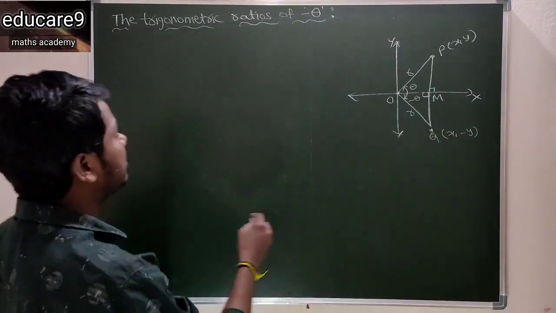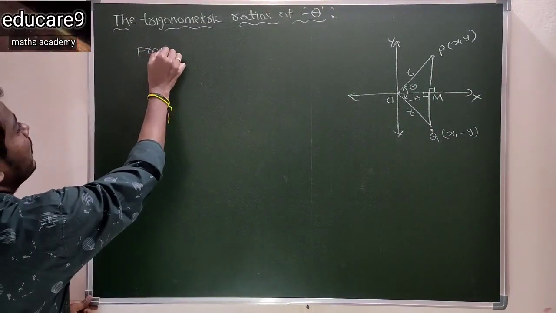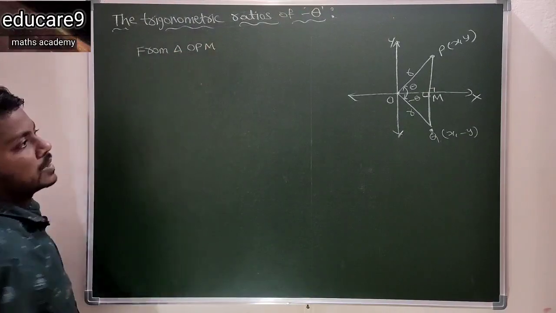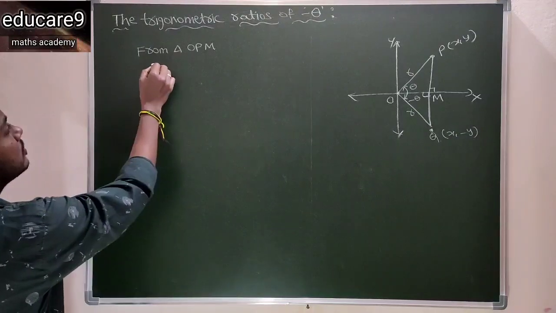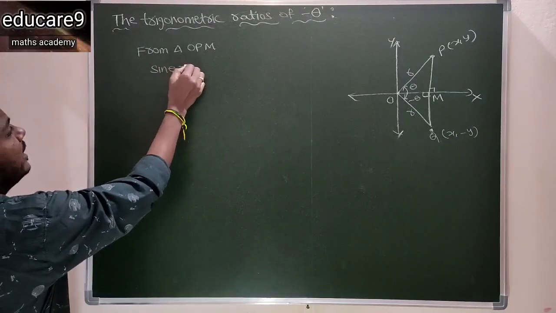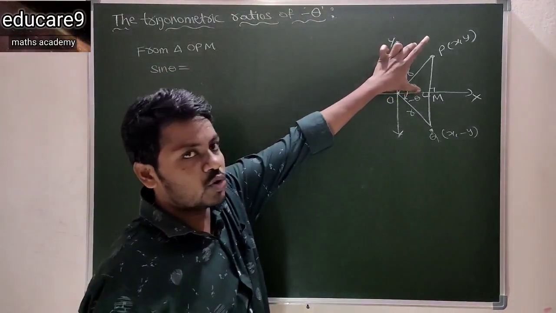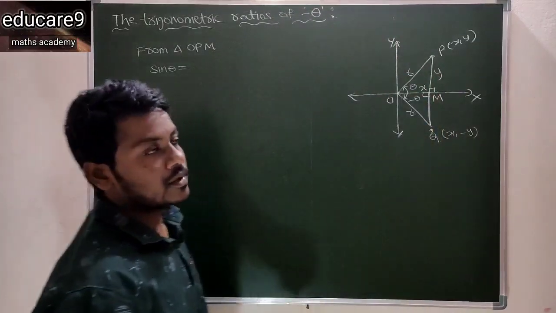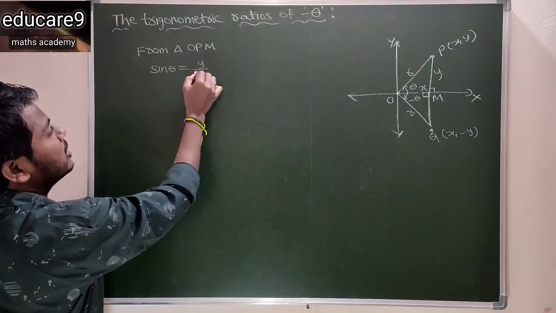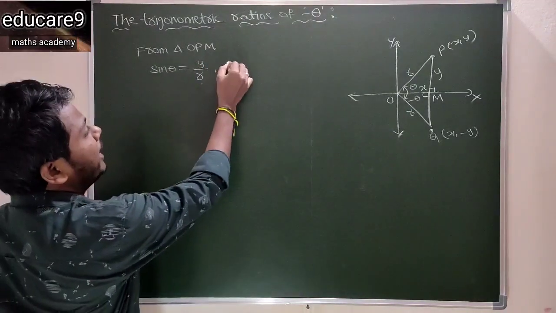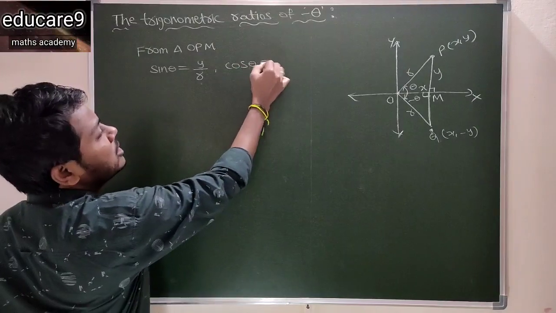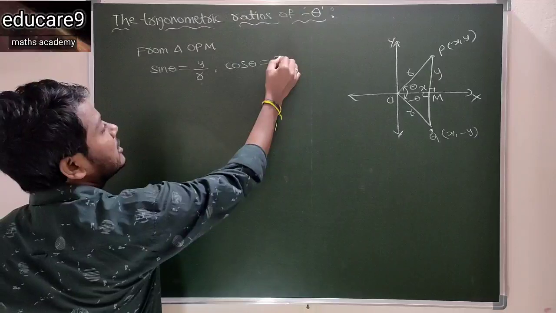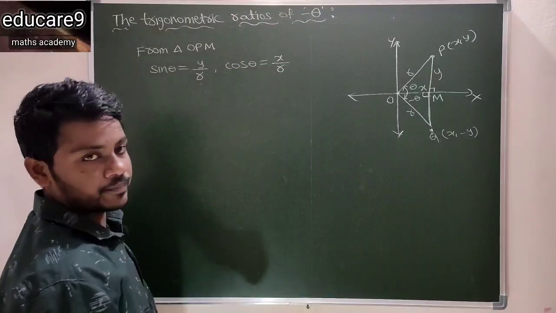Okay. Now see here, from triangle OPM, find sin theta. So what is sin theta? Opposite side, the vertical distance. So clearly this is y and this is x. So y by hypotenuse, which is r. And find cos theta. What is cos theta? Adjacent side by hypotenuse, that is x by r.